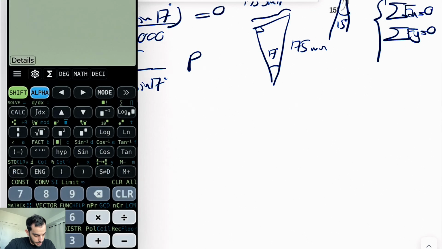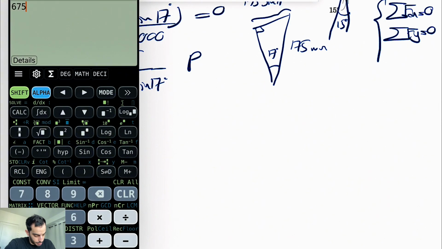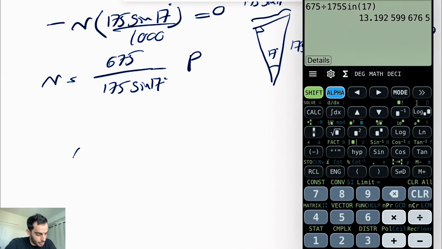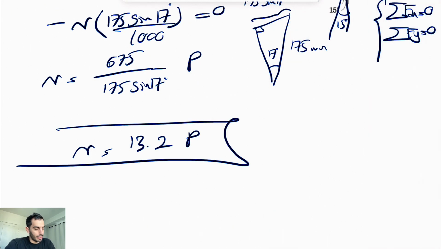So let's see what we get: 675 divided by 175 sine of 17. So our N is going to be 13.2 P, and that's the final answer for this question.